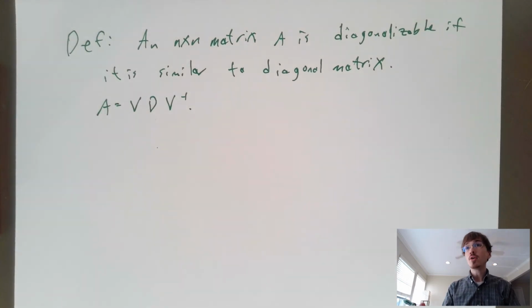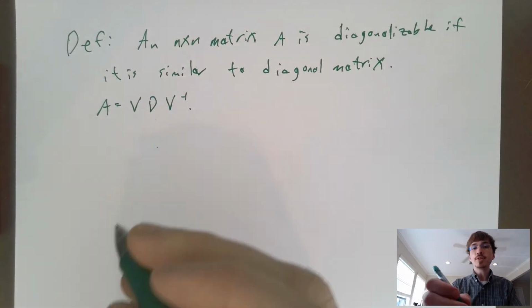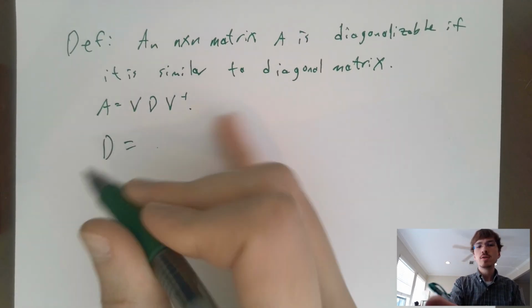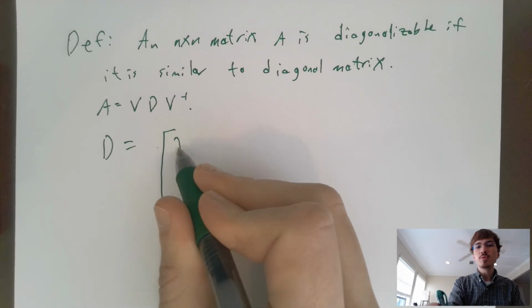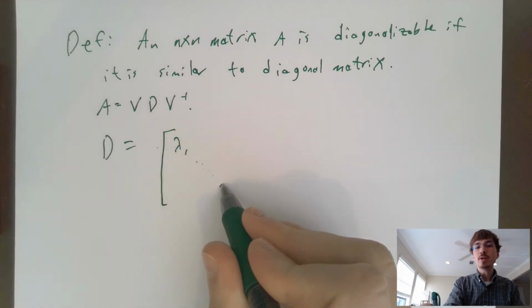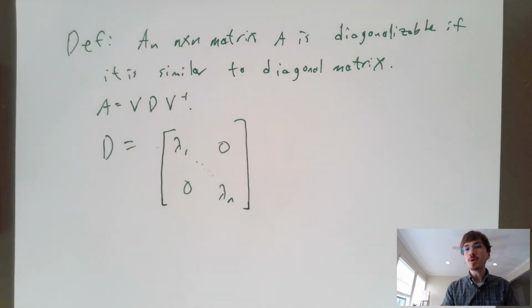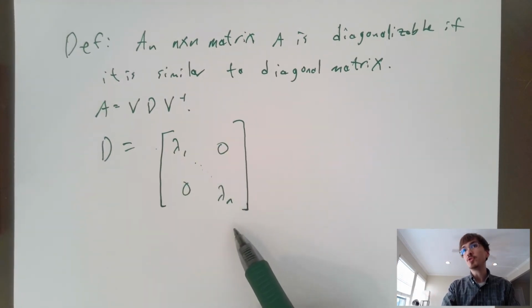And now what is the diagonal matrix? It turns out that the diagonal matrix D will just be the matrix with the eigenvalues lambda on its diagonal, with zeros elsewhere. And these are repeated according to their multiplicity.